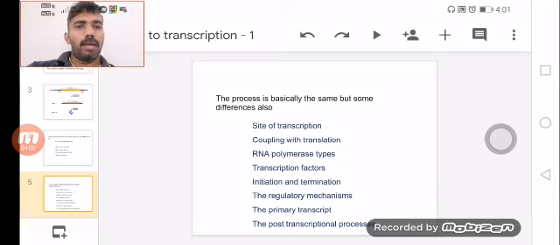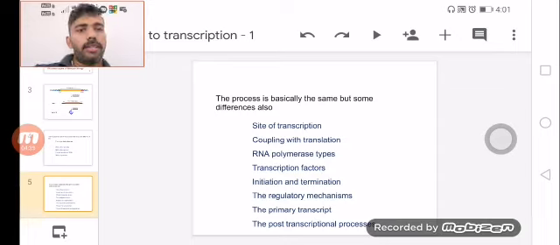But in a eukaryotic organism, there is a clear nucleus, and the chromosomes are located inside. So the transcription occurs inside the nucleoplasm, and after that the mature RNA molecule will be transported into the cytoplasm for further processing.